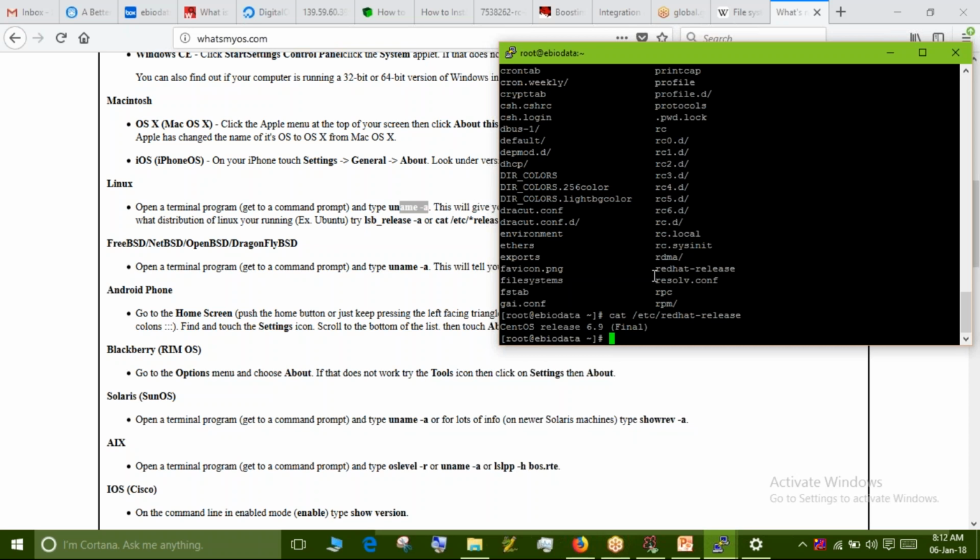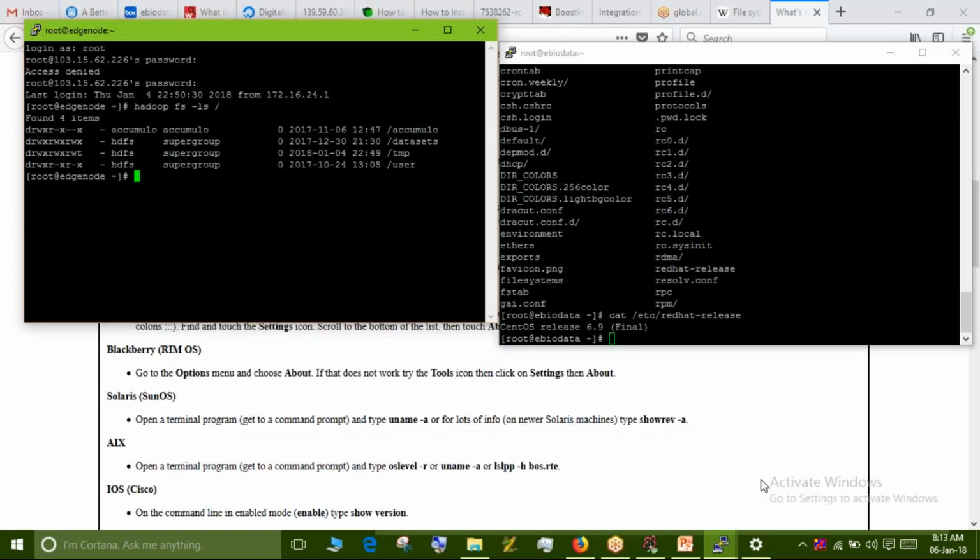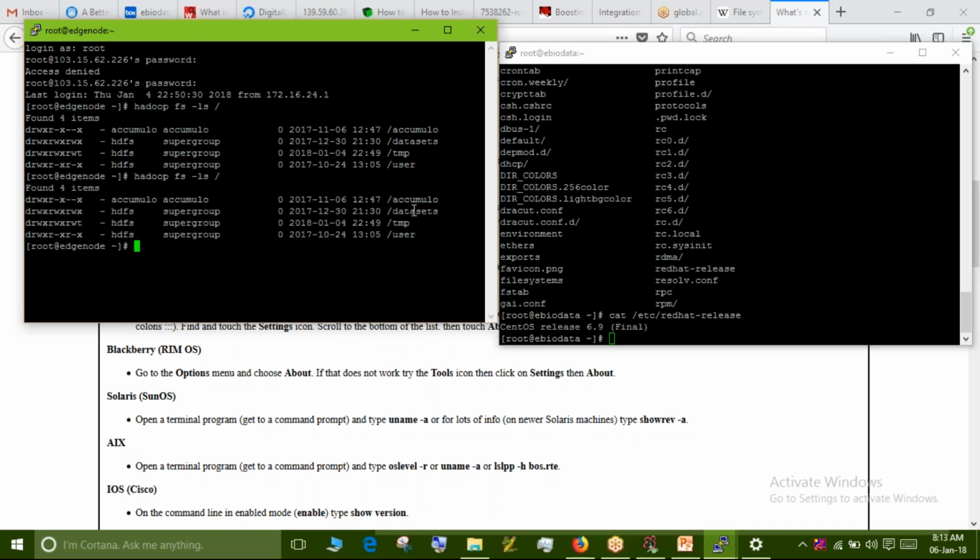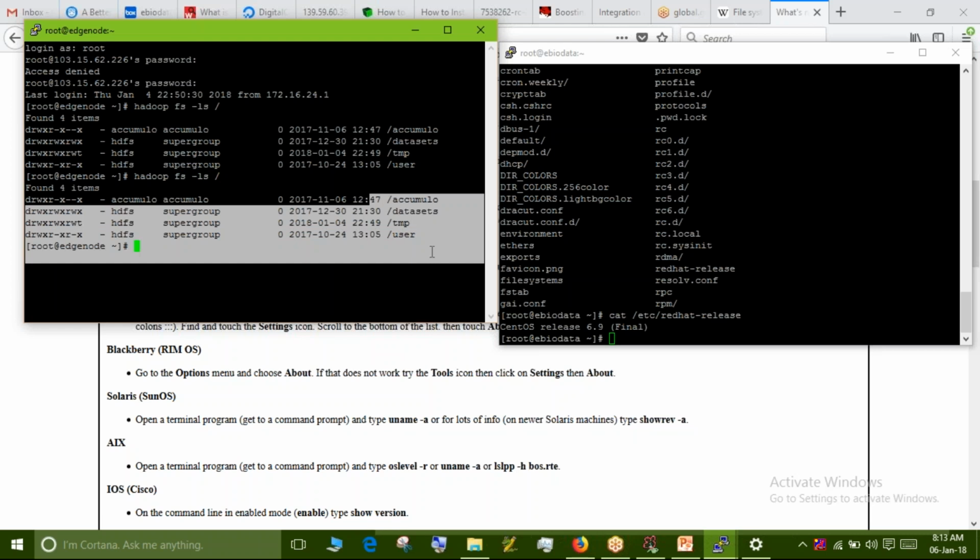Release 6.9, right? And you see here, Laden, this is my Hadoop distributed file system. That is why the command is slightly different: hadoop fs, and then we are using ls and giving forward slash. That is root. So at your HDFS root level also, what do we have?